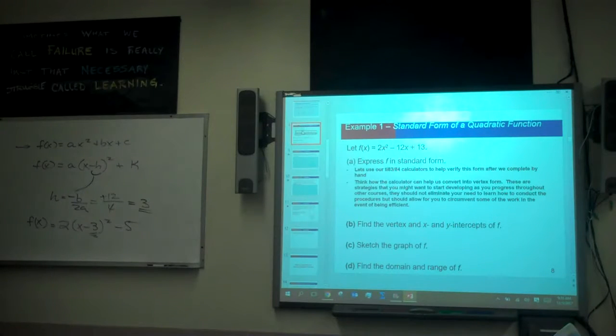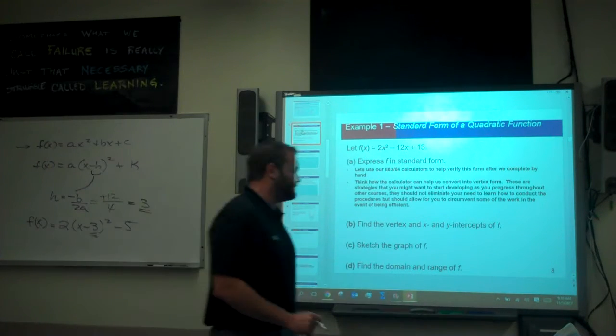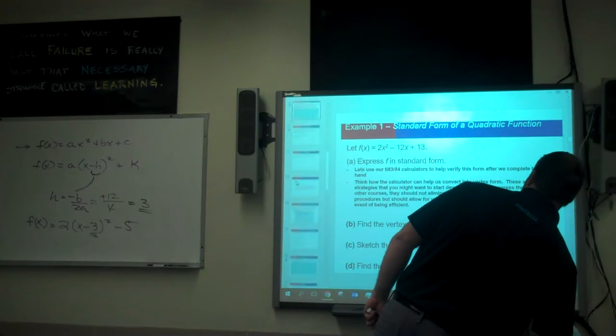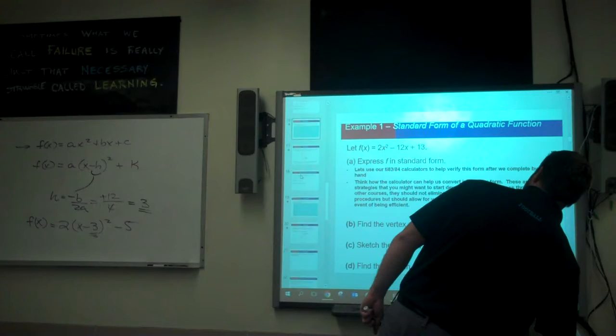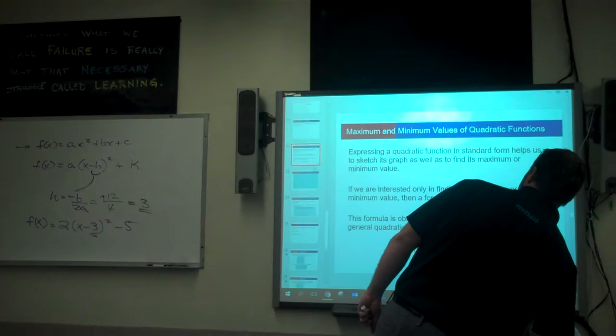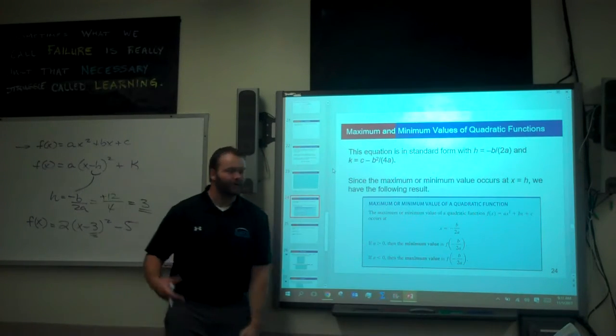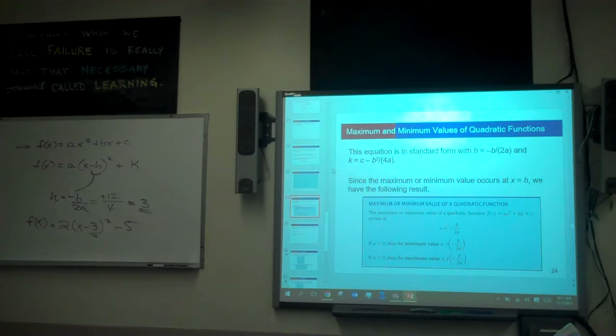And that becomes pretty useful. I'll show you how to find this point here a little bit better than what the PowerPoint says. PowerPoint says we can find that point by doing this. K is always created by c minus b squared all over 4a.